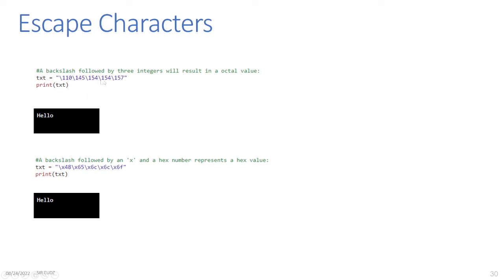So this one will print hello, because 110 in octal is the same as the ASCII code for the letter H. If we use x, that represents a hex value, so actually this is also hello. You can check the internet for ASCII codes. So that's it.